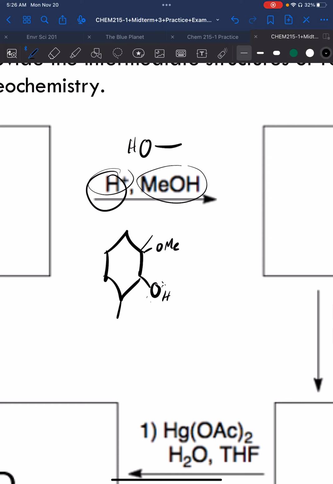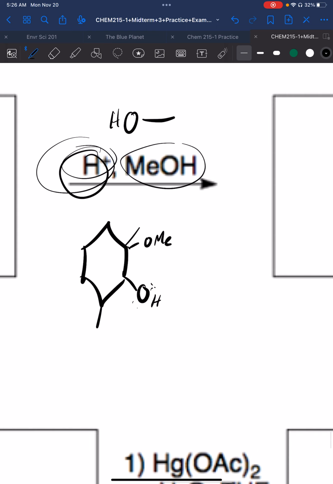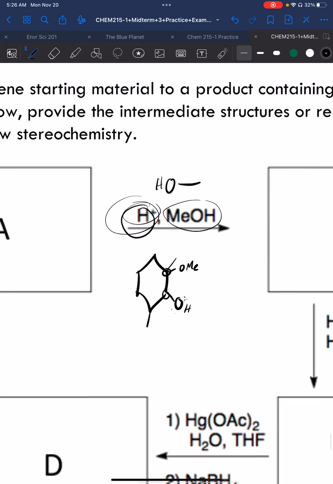And it's important to note that because this is an acidic solution, the OH ends up on the less substituted carbon, whereas the methoxide ion ends up on the more substituted.